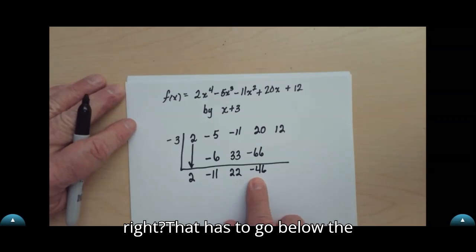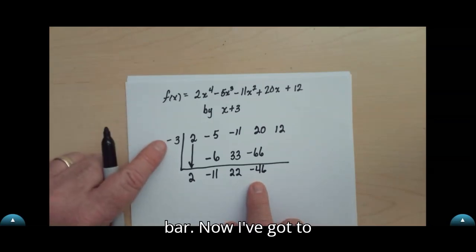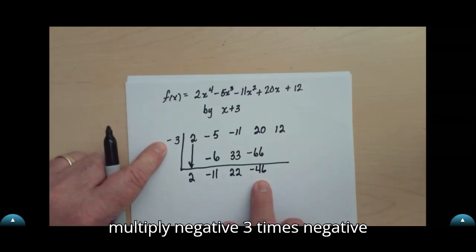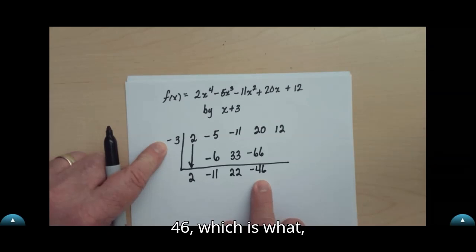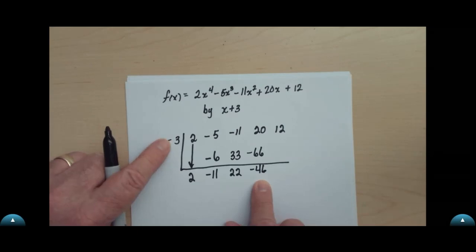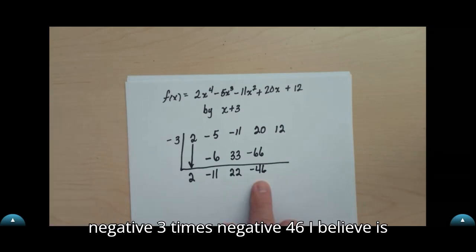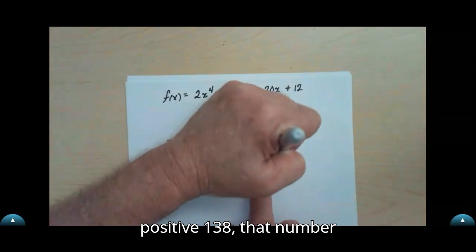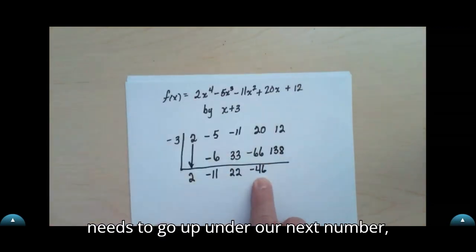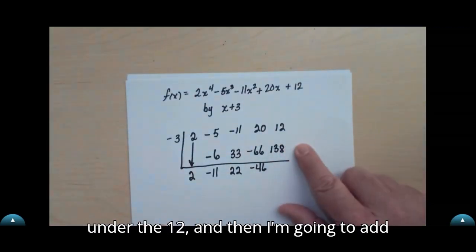That has to go below the bar. Now I've got to multiply -3 times -46, which is what? Positive 138, is that right? -3 times -46, I believe, is positive 138. That number needs to go up under our next number, under the 12.